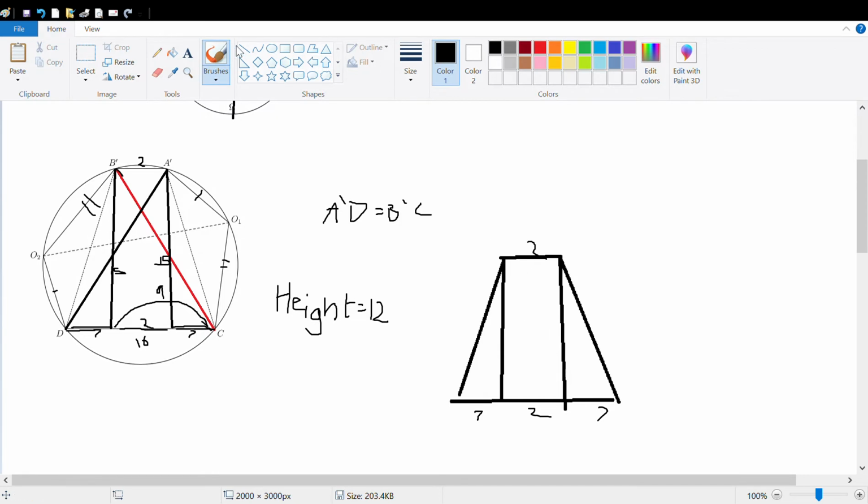And then if we draw this line here, we know this is 15. Wrong line, sorry. This is 15. So we know that this whole thing is 9. And then we know that this altitude must be 12 by the Pythagorean theorem. So that's nice. We have a 9, 12, 15, 3, 4, 5 triangle there.